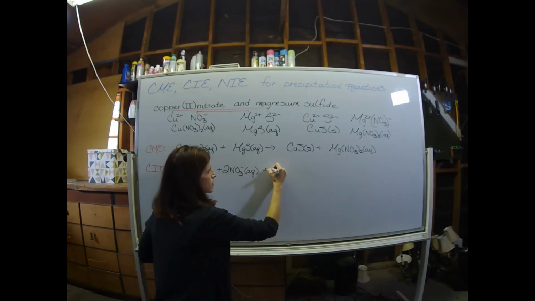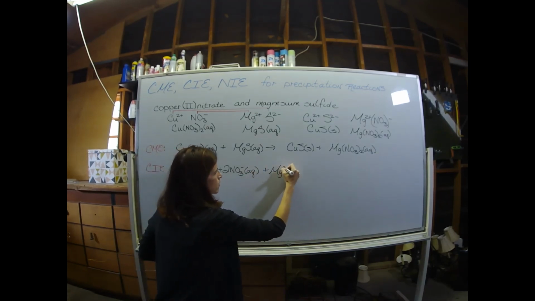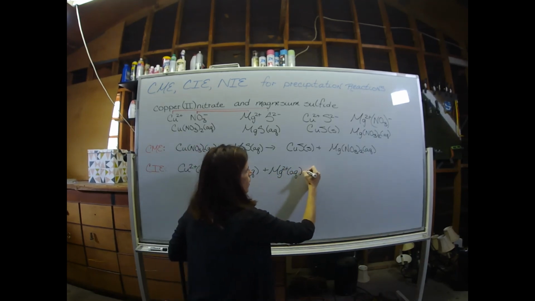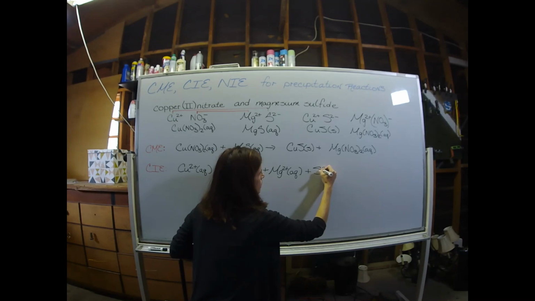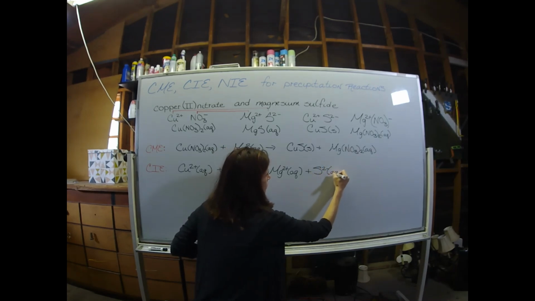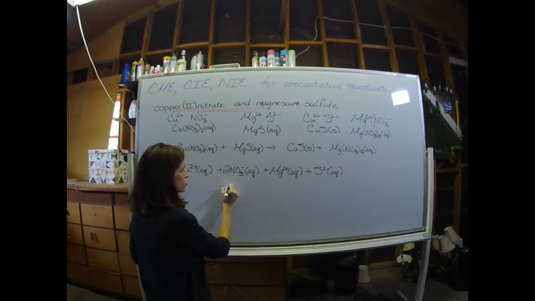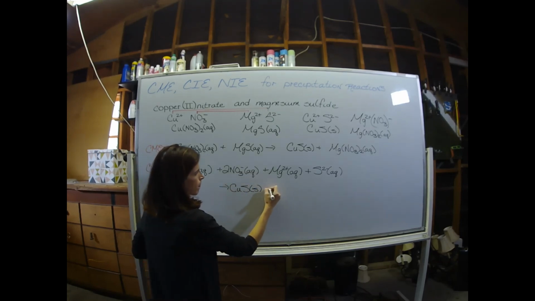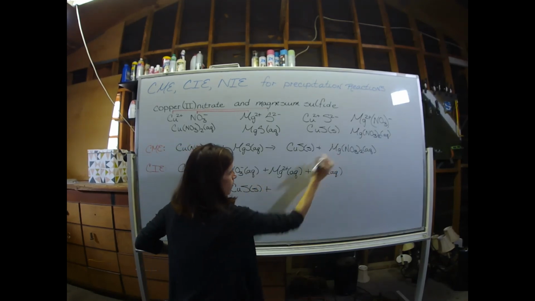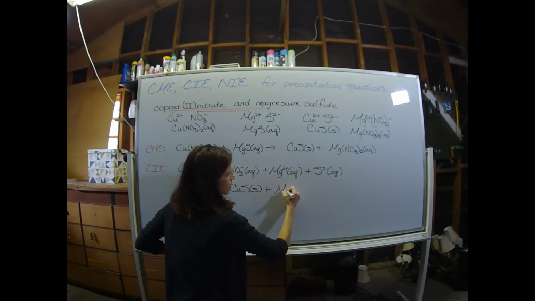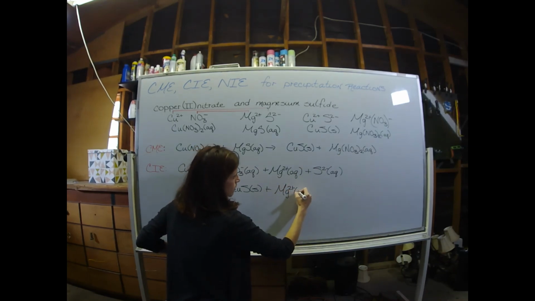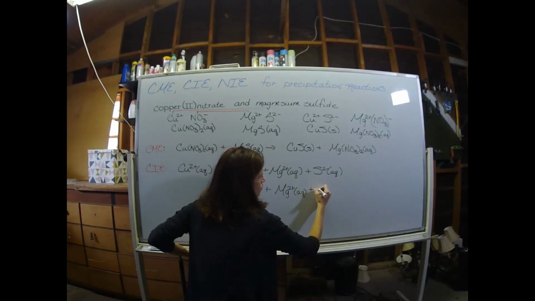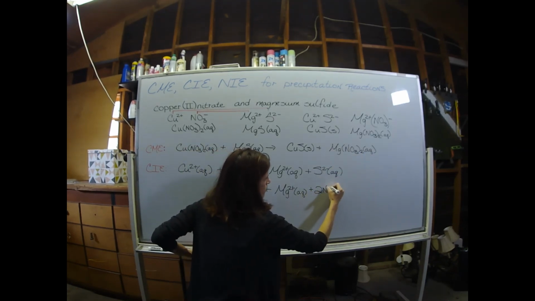One magnesium ion, 1 sulfide ion, copper sulfide on my product side, one magnesium ion from the magnesium nitrate. And then I'll bring this 2 out front. So I'll have 2 nitrate ions.